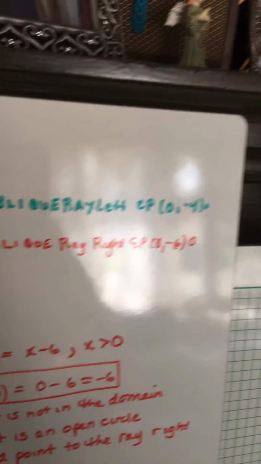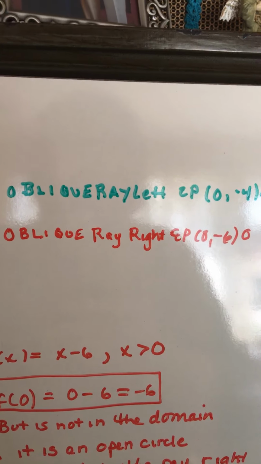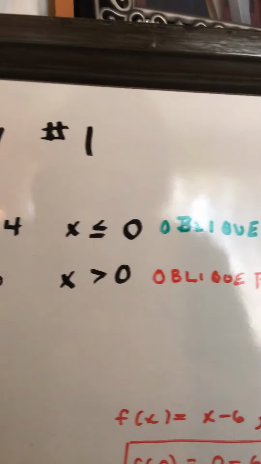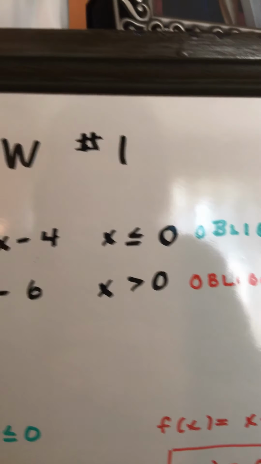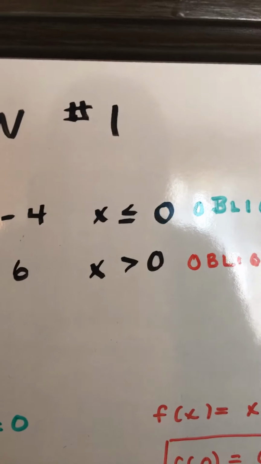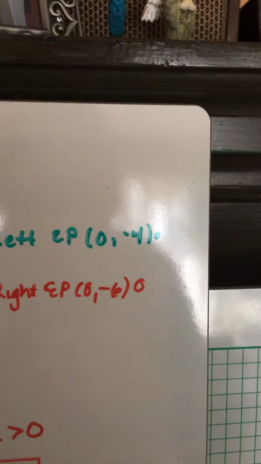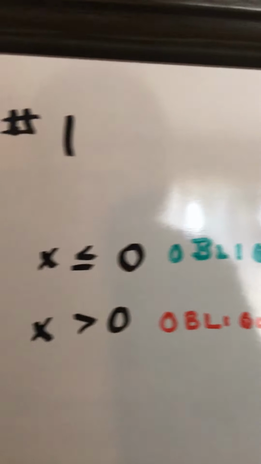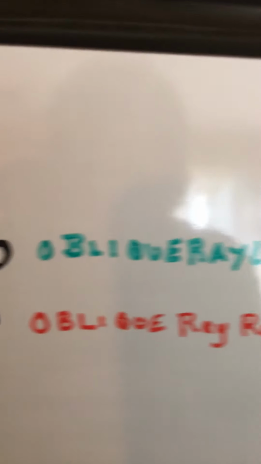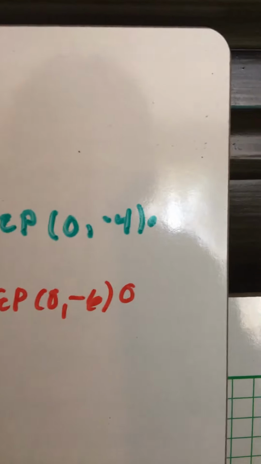And so we label these as an oblique ray left and an oblique ray right. And we see that they stop and start at 0. The first one stops at 0, negative 4, and the second one starts at 0, negative 6. The endpoints are different, so the one that has the equal sign is closed, and the one that does not have an equal sign underneath it is open.